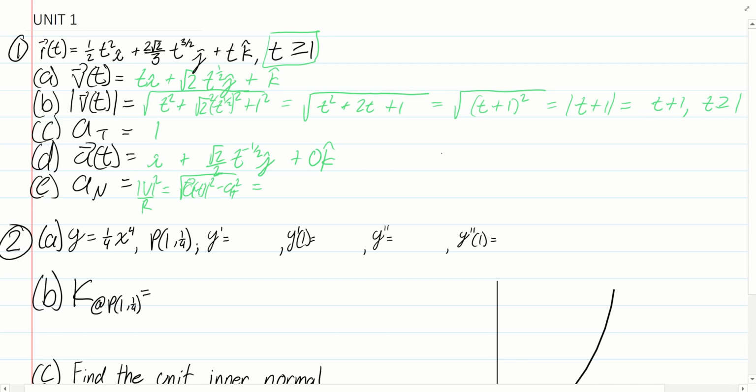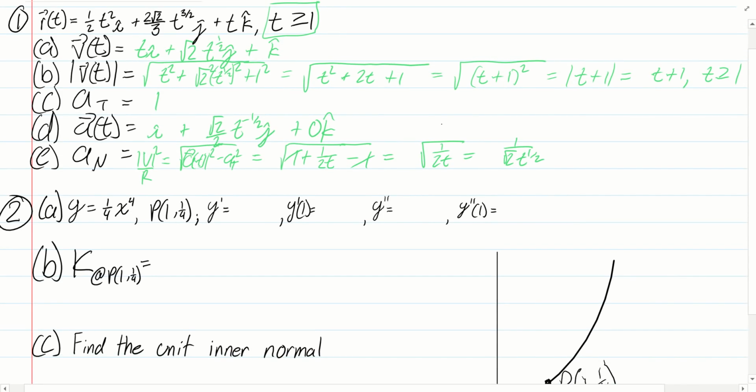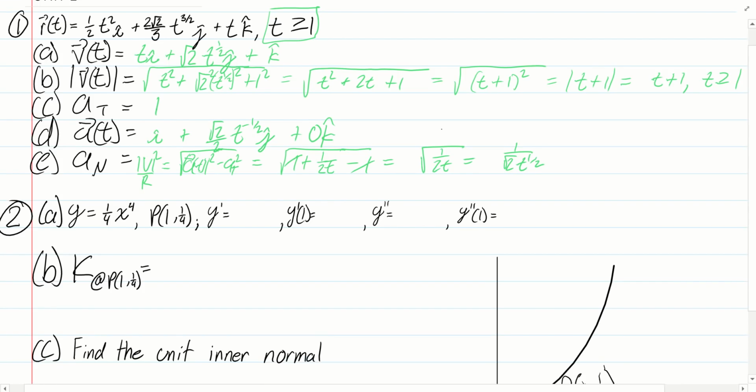So then magnitude a sub n would be the square root of 1 plus 1/2 over t minus 1. So these 1's will cancel. So this will become equal to the square root of 1 over 2t, or 1 over square root of 2t to the 1/2. So that's our normal acceleration. This is our tangential acceleration.